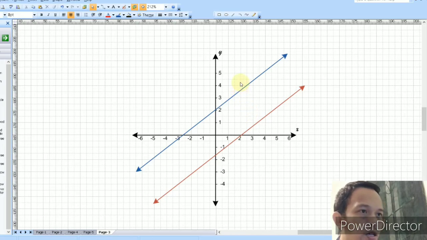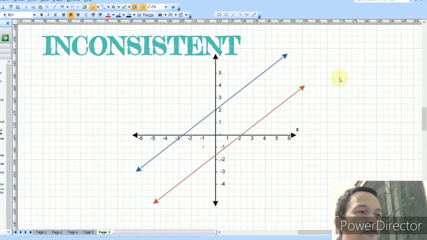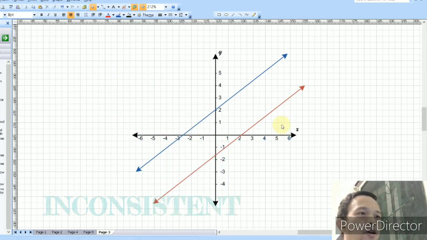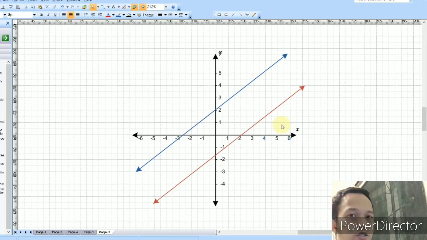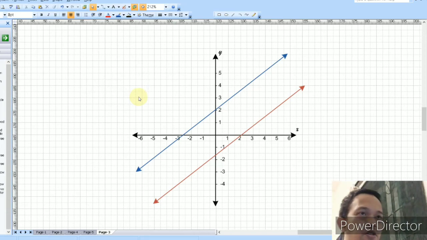This case is called inconsistent. If we do elimination or substitution by calculation, the last statement will be 0 equals some other value, like 5 equals 3, 0 equals negative 5, or 0 equals 6, which doesn't make sense. That's why it is inconsistent.